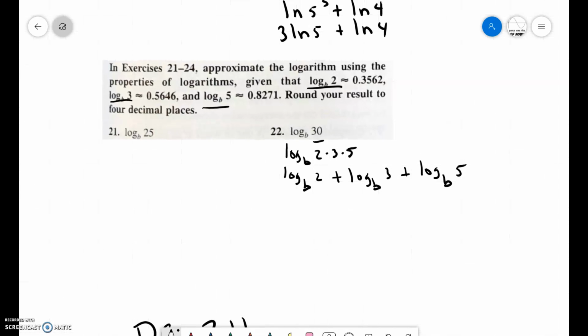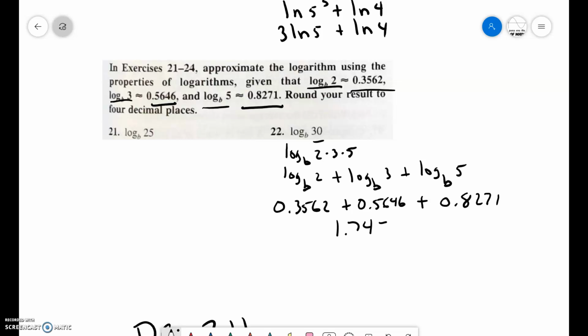Well, up here it tells me the log base b of 2 is 0.3562 plus, and then the log base b of 3 is 0.5646 plus, and then log base b of 5 is 0.8271. Now we add all those up on the calculator: 1.7479. Okay. All right. So that would be the idea.